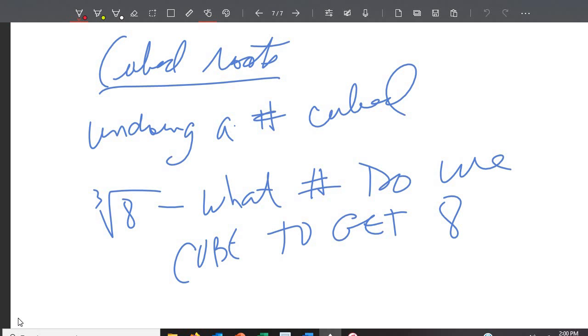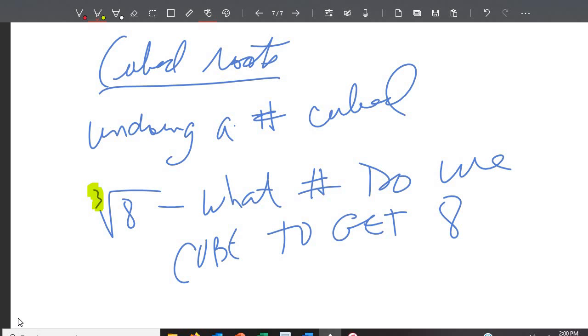Alright, let's talk about cube roots. A cube root is undoing a number cubed. What do we multiply a number by itself 3 times to equal something? Now, a cube root has an index of 3. So think back to chapter 6 when we were doing the difference and sums of cubes when we were factoring.